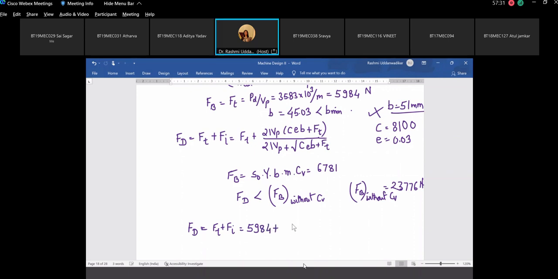FI. 19176. Is this the value of FI or FD, Atharva? FD. Okay. Give me FI so that we can compare it with others as well.